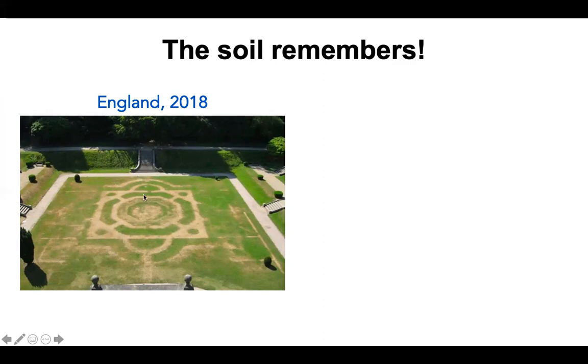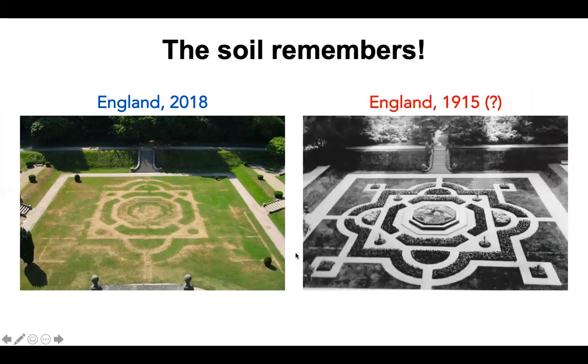So this is, for example, a lawn where they hadn't seen this pattern before, but then when they went back and looked through some historical photographs, they could see that about 100 years earlier, in the Victorian era, they set up these walkways and planters and everything that were there. You could see it's almost a perfect match there in terms of the effect it had on the grass.